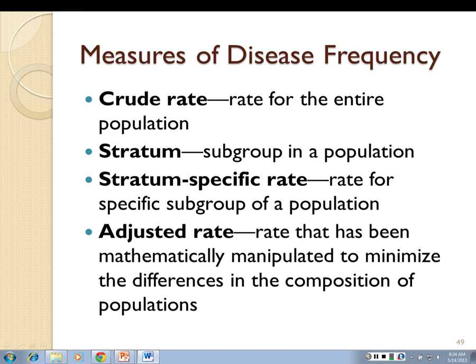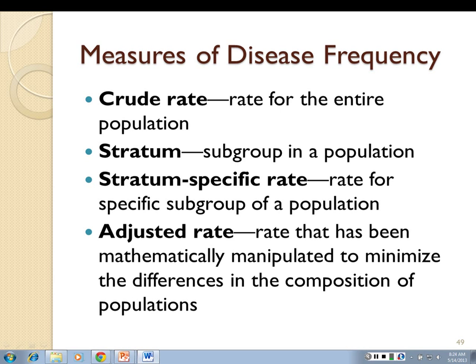For example, if you just look at the prevalence of diabetes for Missouri as a whole, you will miss the fact that the prevalence of diabetes is much higher for older age groups than it is for young adults. If we are trying to make comparisons between two populations, we will be comparing apples to oranges unless we can weed out the population differences and only examine the differences in disease rate. We use adjusted rates to essentially make all other things equal, so we truly are comparing apples to apples.